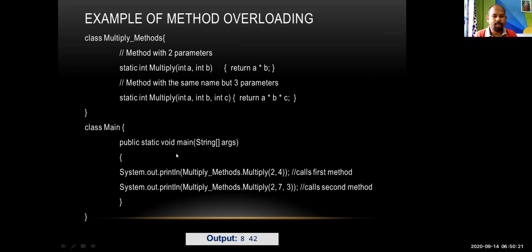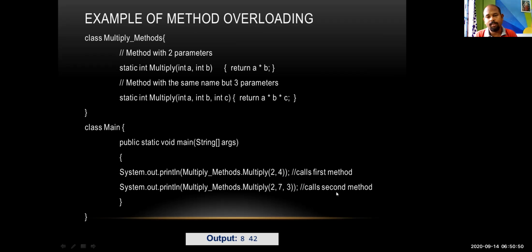Now we are coming to the main method. The main method is calling the first method with two parameters, 2 and 4. So the result will be 8, because 2 into 4 is equal to 8. And for the second method, you can see it's calling the same method multiply, but with three parameters this time: 2, 7 and 3.